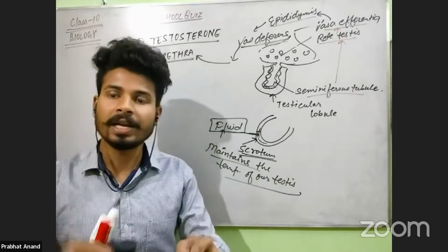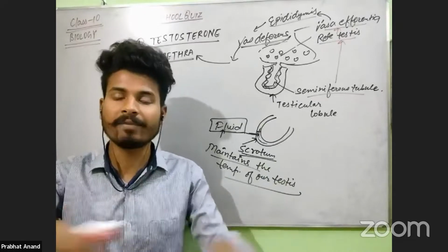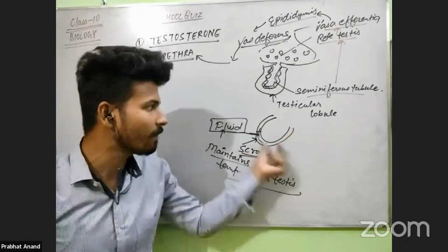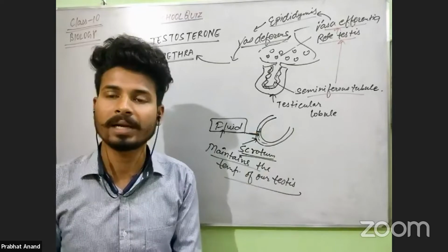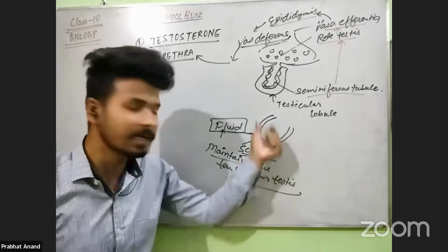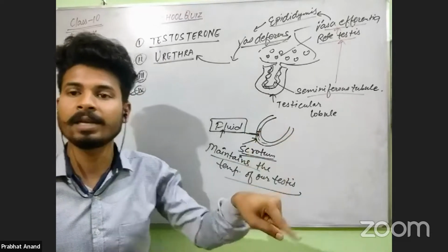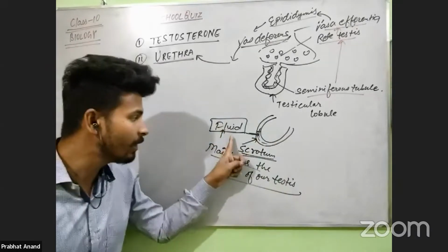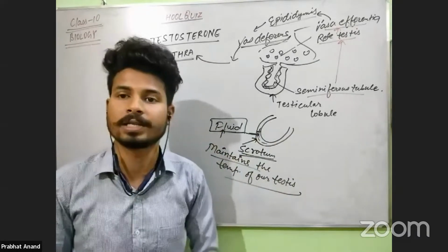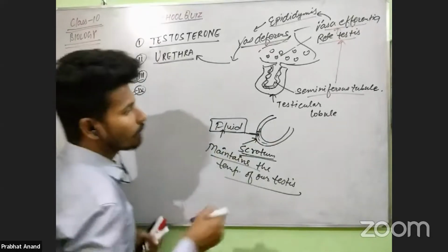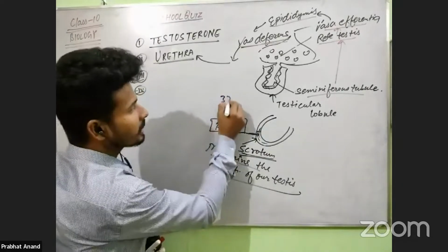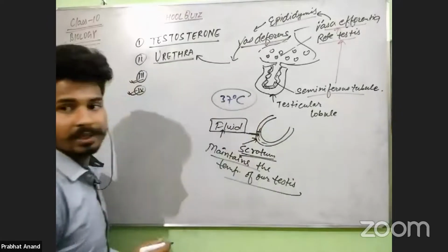The cavity in which the fluid is contained is called the scrotum. So the covering of our testis is the scrotum, because this covering maintains that cavity, and in that cavity the liquid is present, and this liquid maintains the temperature of our testes. Our normal body temperature is 37 degrees Celsius, everyone knows it.